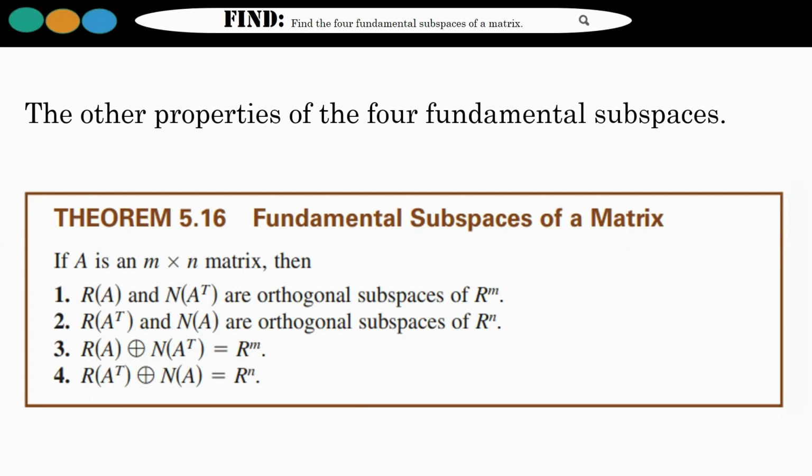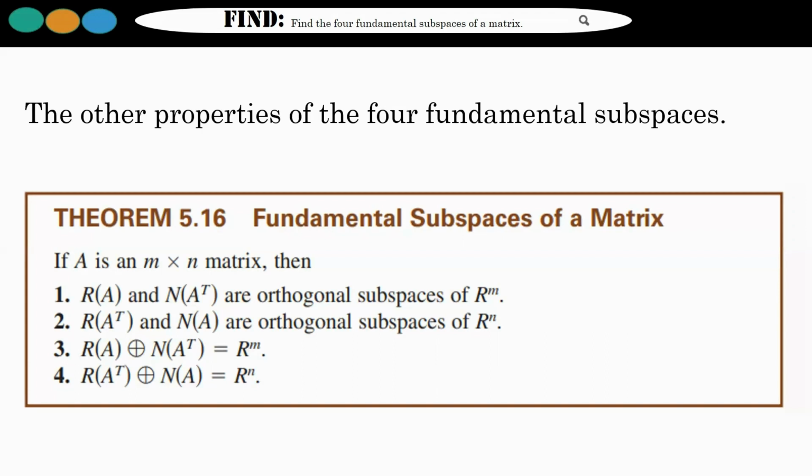Then number 2, the column space of transpose A and the null space of A are orthogonal subspaces of R to the N power. And then number 3, the column space of A direct sum the null space of transpose A is equal to R to the M power.